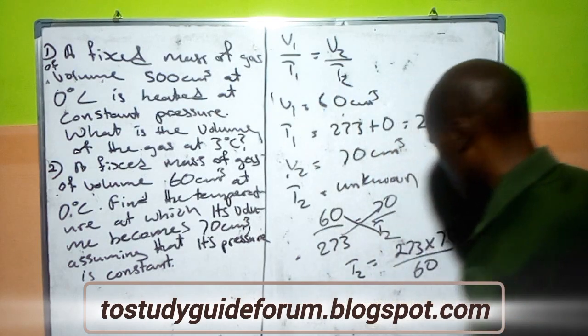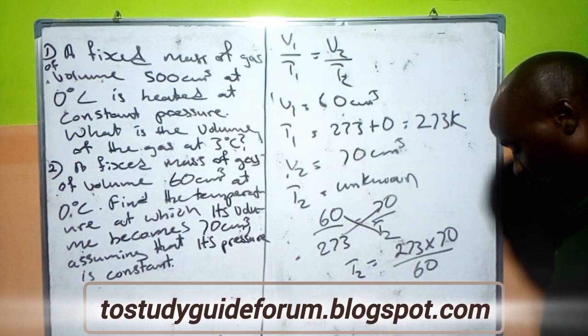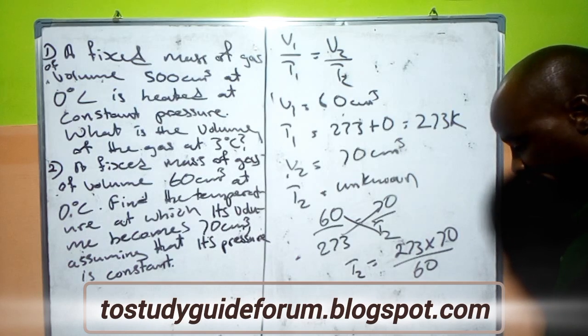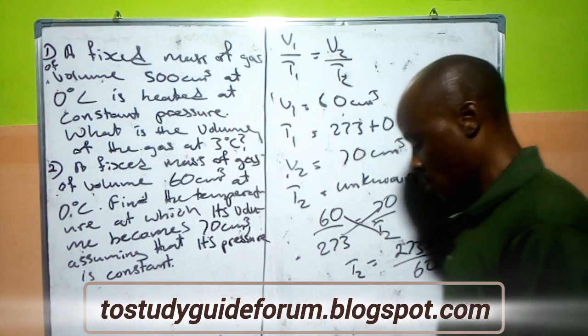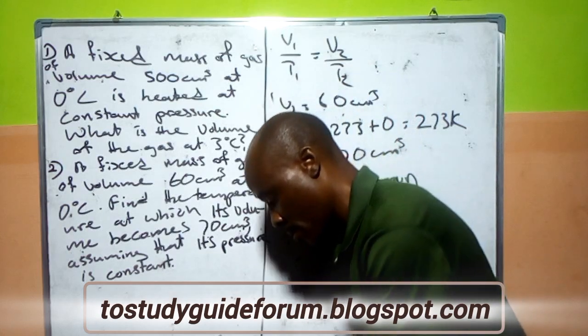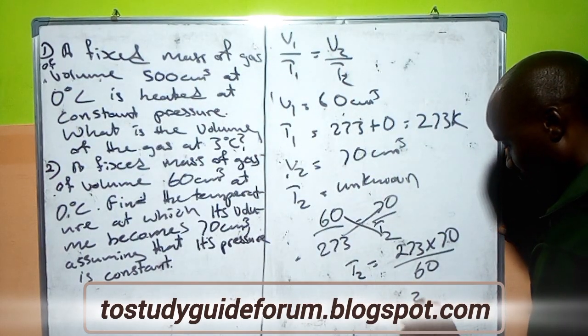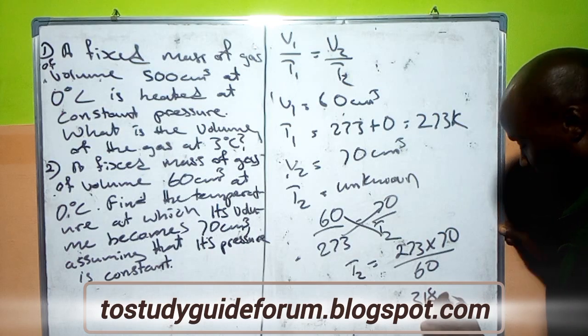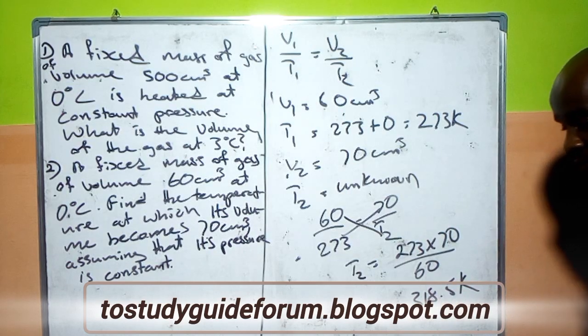So 273 multiplied by 70 divided by 60 gives us 318.5. This is in Kelvin, remember.